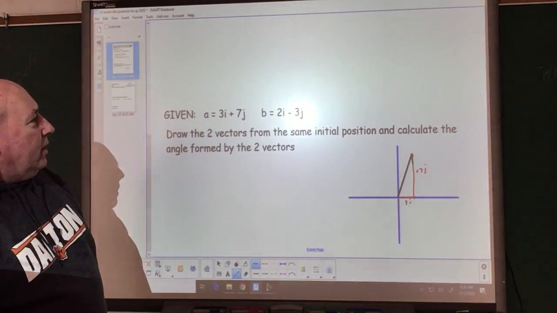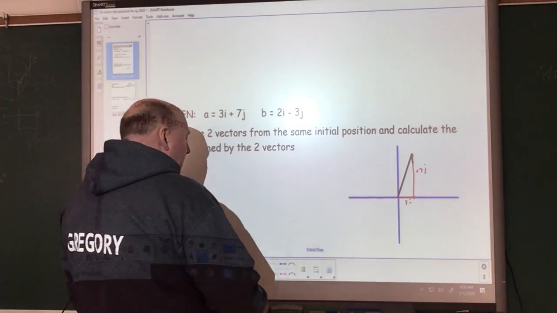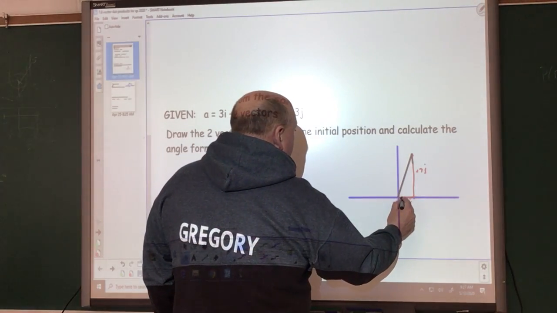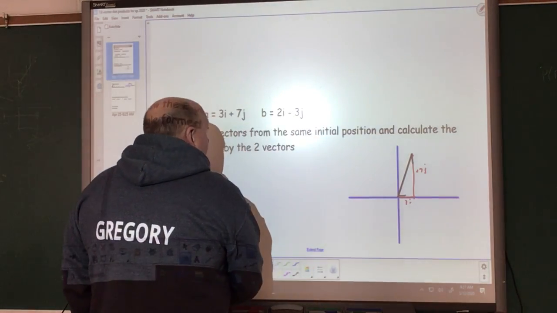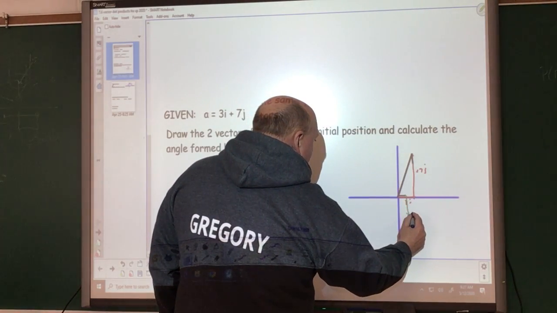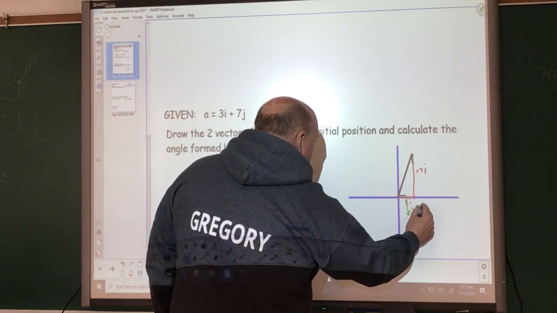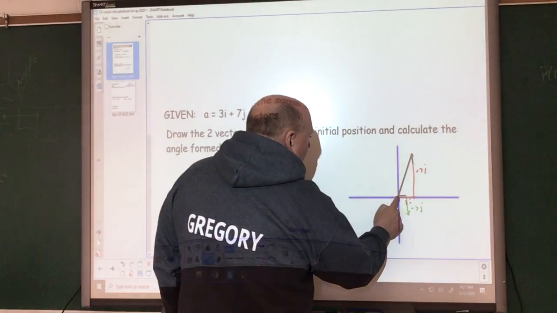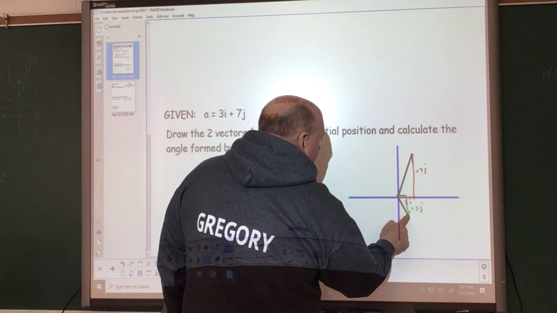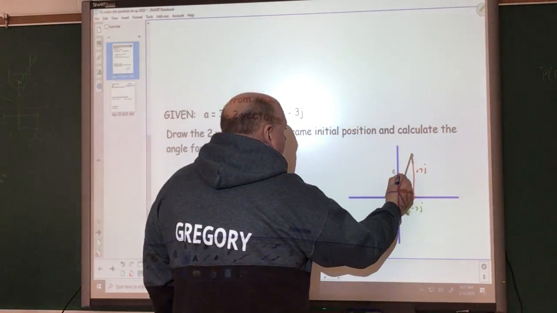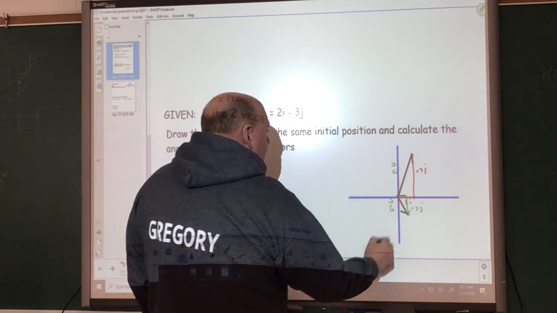And the second one is positive 2 on the i, which takes me to here, and then negative 3 on the j, which brings me down to here. So what we have is a second vector. So this is vector A and vector B.